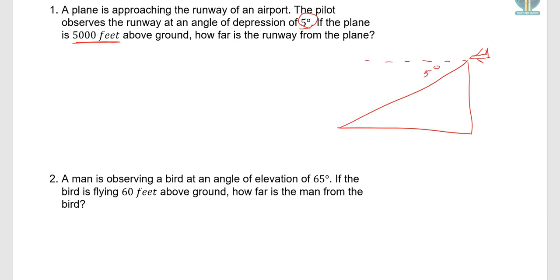So always be careful with this, okay? If your angle of depression is 5 degrees, then the angle inside the triangle will be the complement of 5 degrees, which is 85 degrees. And the plane is 5,000 feet above ground, so this distance is 5,000 feet.